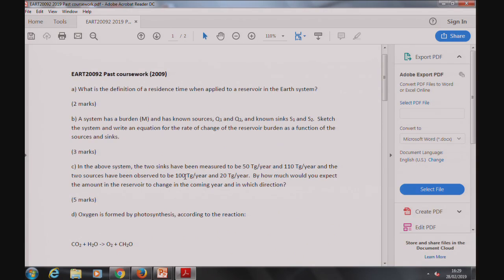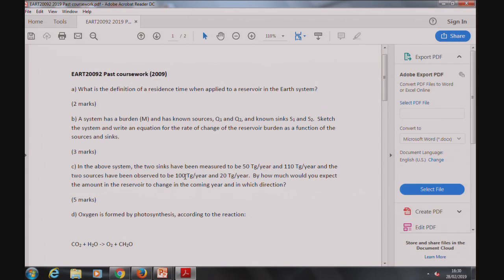On the equation that you've got, is it meant to be sink 1 plus sink 2? The equation in the rectangle. Isn't it meant to be Q1 plus Q2 and then a bracket? Yeah, if you put that in brackets, then that would be a plus.